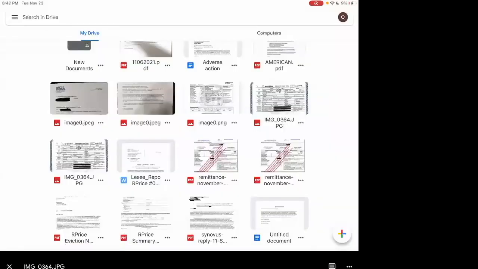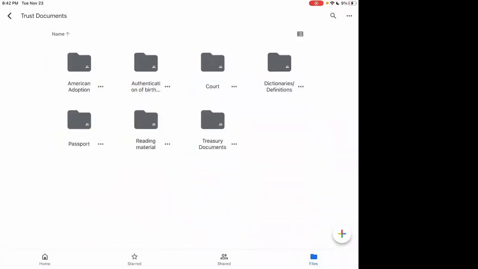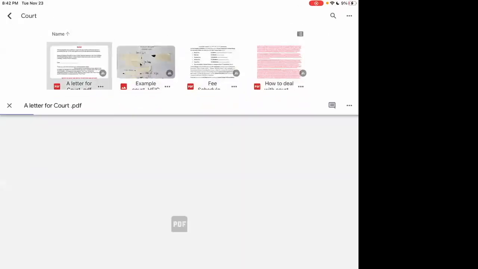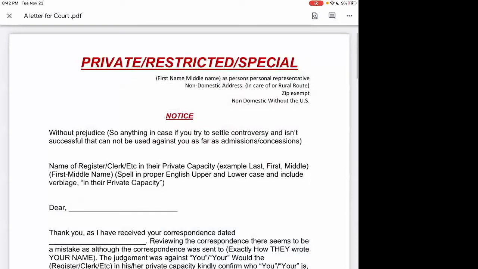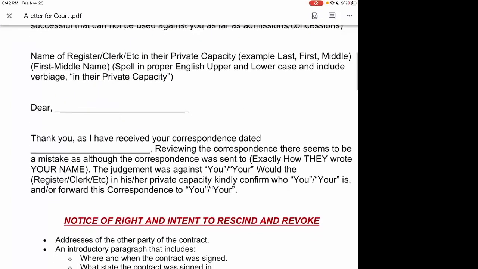So this sentence right here: "As I received your correspondence, stated reviewing the correspondence, there seems to be a mistake, as although the correspondence was sent to your name, the judgment was against you or your. Who would the register clerk, etc., in his private capacity kindly confirm who you or your is, and forward this correspondence to you/your."